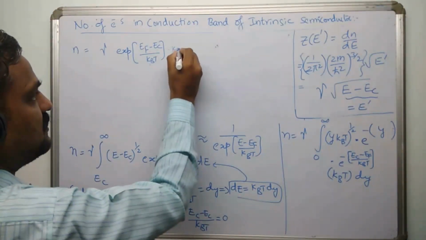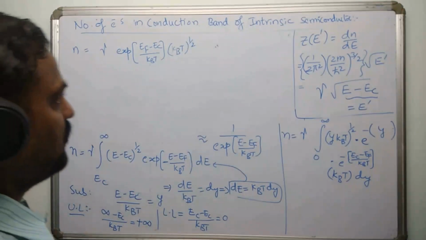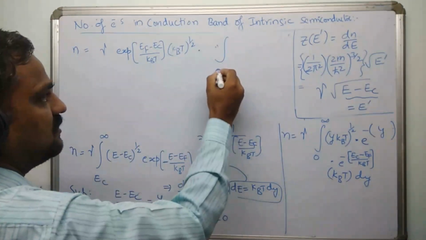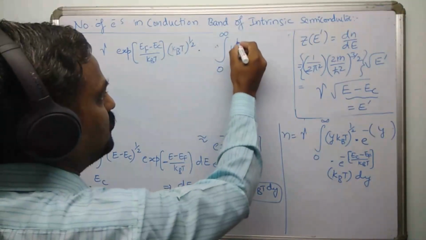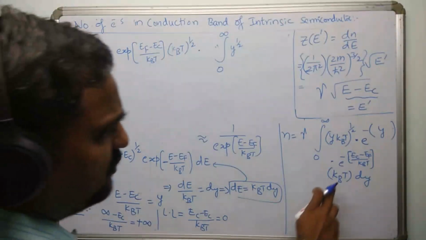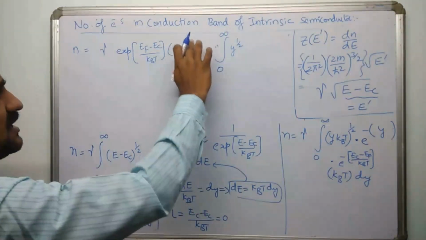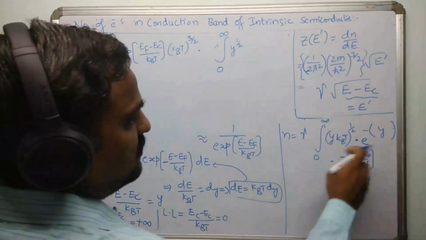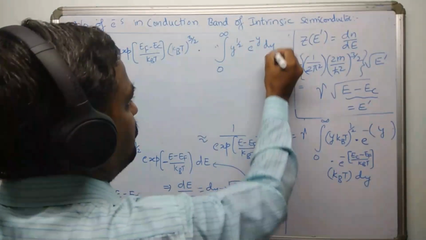So KBT, this whole thing power 1 by 2, is also a constant along with gamma. So the leftover term is this integral, 0 to infinity y power 1 by 2. And one more thing I forgot here, this is KBT. So it actually becomes KBT power 3 by 2. Right? So this constant is gone. e power minus y dy.